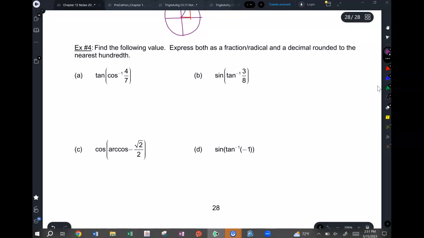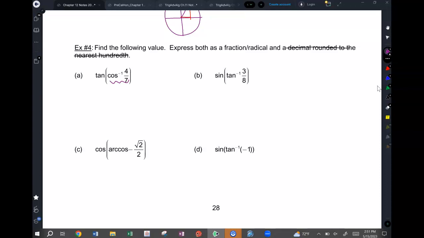Now, here we have some composite functions. With these, we always start from the inside. I actually don't need you to do this to a decimal because it's gonna be on the no calculator section. So you start from the inside, cover the tangent, we don't care about that. Inverse cosine of 4/7. What this is telling you is there is some mystery angle theta, the cosine of which is 4/7.